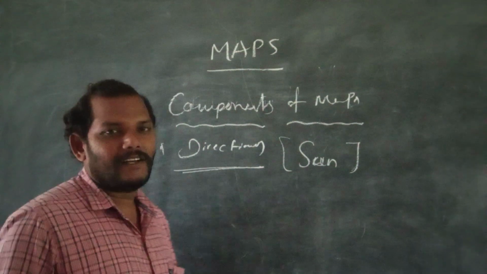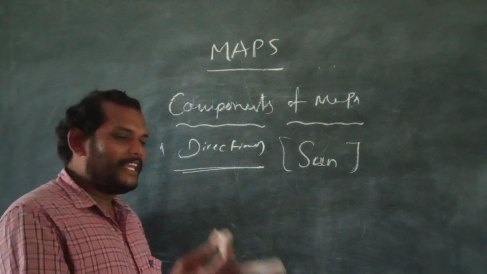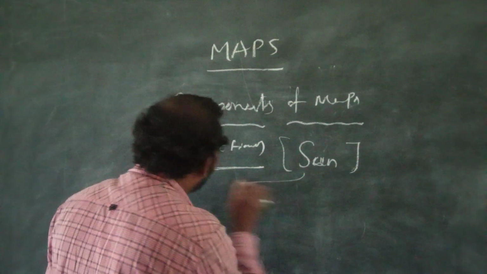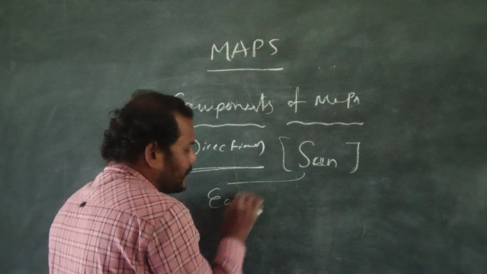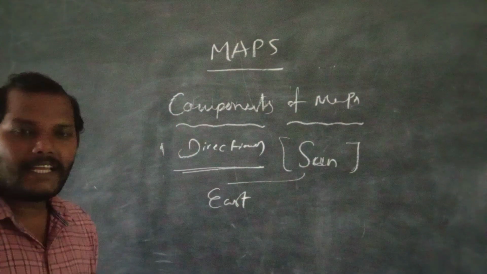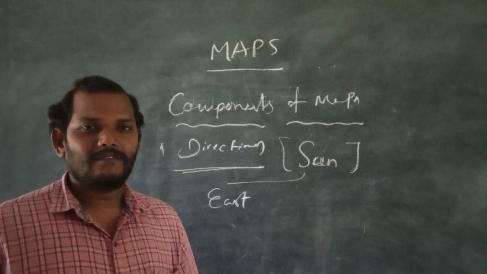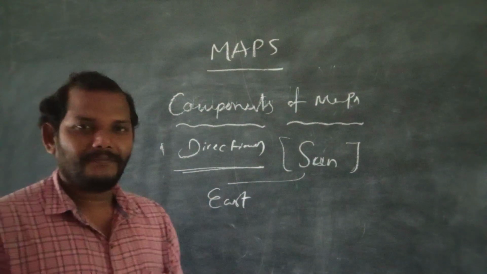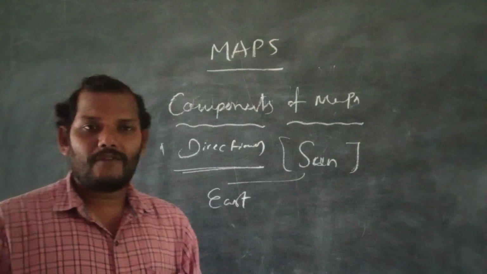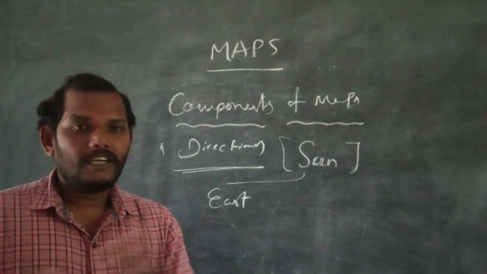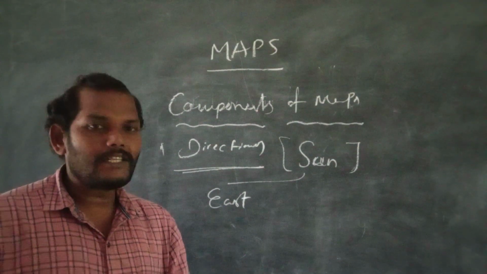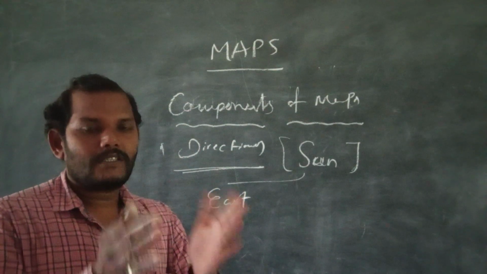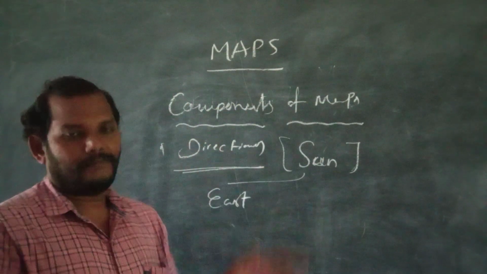How is it possible? Very good. Where does the sun rise? In the east direction. Yes, we got one direction. Where does the sun rise? East direction. Right? We just have to stand facing the sun.